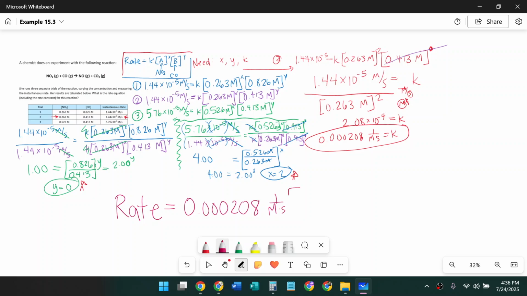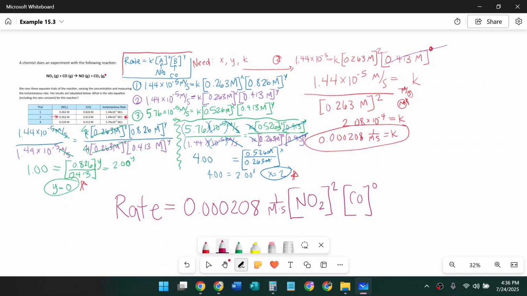And then our first one is NO, this is really hard to read now that I've zoomed out and I'm writing this big, to the X, which is 2. And then the second one is CO, and that one is 0.